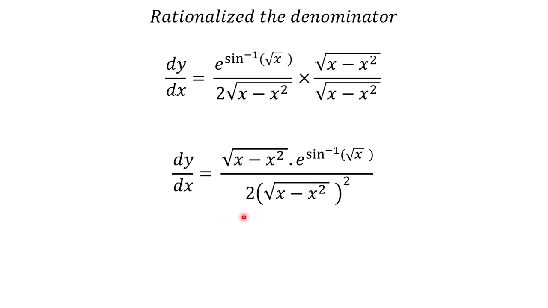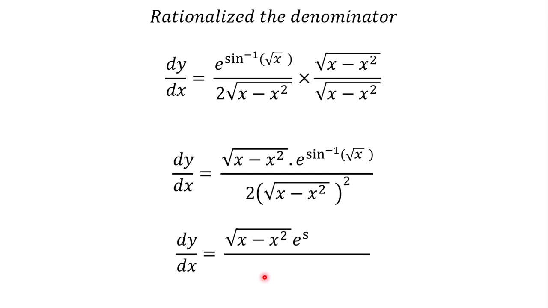Also as I was saying here, since this and this are the same, it becomes 2. So that is how come we had this power 2 here. So this will take away this sign, and it will be left with x minus x squared.